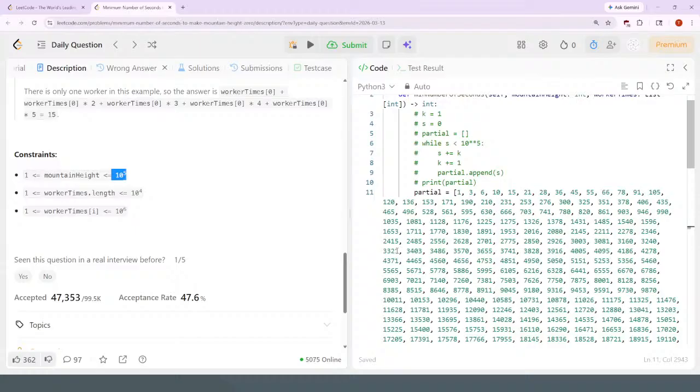The edge case is just too big, huh? Ten to the 5th values. 10 to the 5th is 100,000.